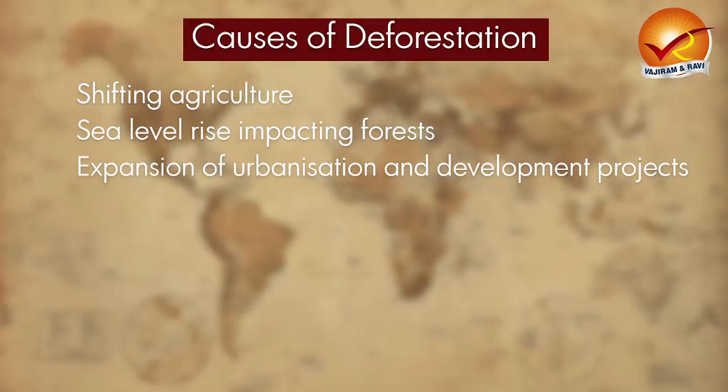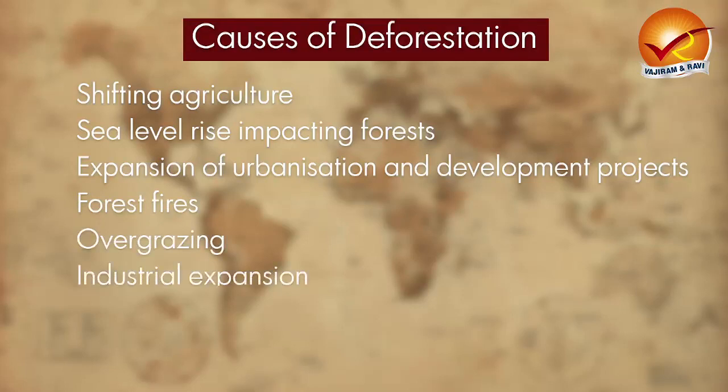Causes also include forest fires, overgrazing, and industrial expansion. Causes also include poverty. Why? Because if there are communities which are dependent on forest products like firewood for their survival, they will end up cutting the forests. A very important cause is also government policies.